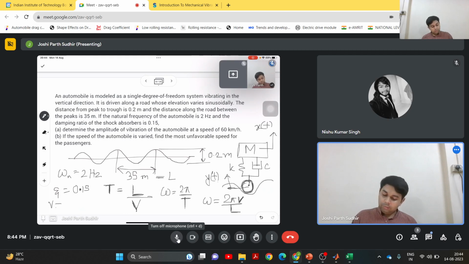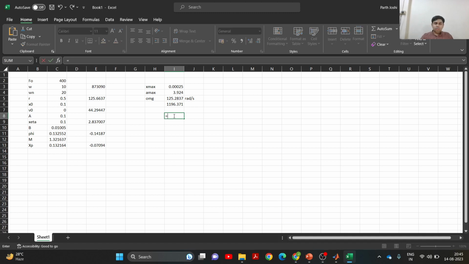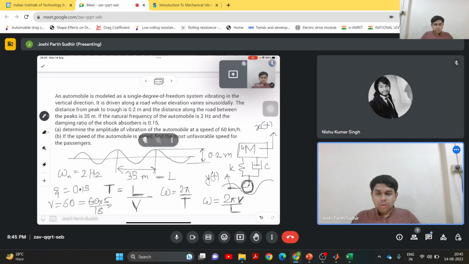So we have been given that V is 60 kilometers per hour. So which is in terms of meters per second, it is 60 into 5 by 18, which is about 16.67.